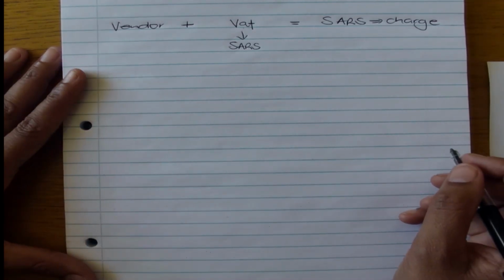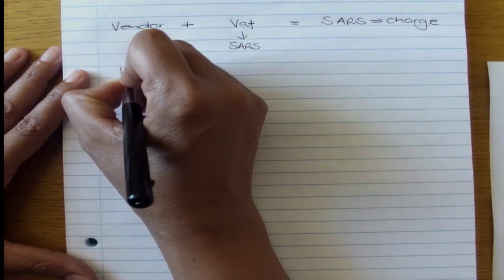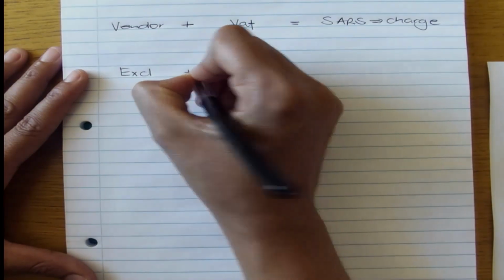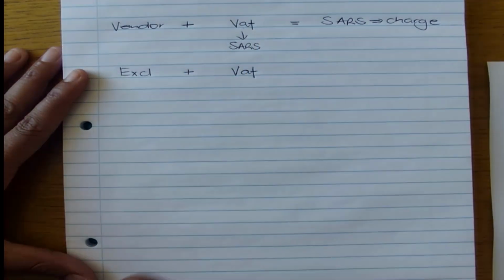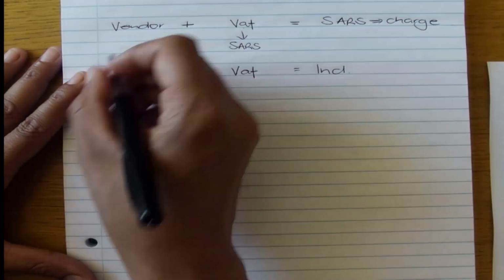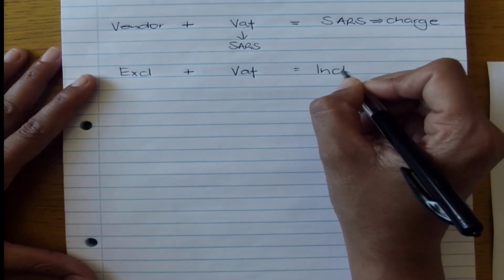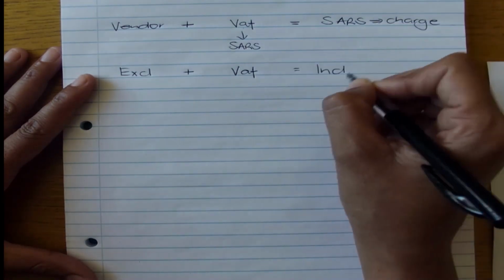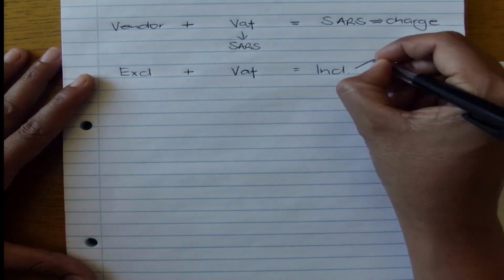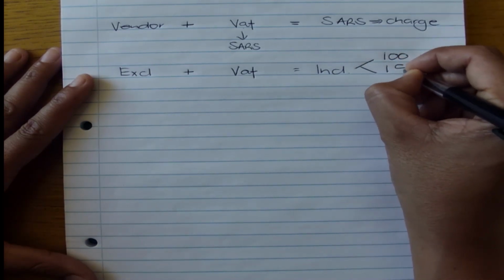So we're going to put it in terms that they use in VAT. This would be your excluding amount, right? This is the amount you charge plus your VAT amount will give you your inclusive amount. Meaning, this is the amount you charge, this is the VAT you need to charge, and this is the amount you will charge the client. Of this amount, you need to pay VAT to SARS. So this amount will equal the 100% you're going to charge plus the 15% you're going to charge.